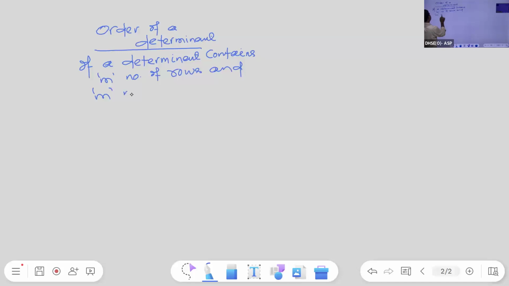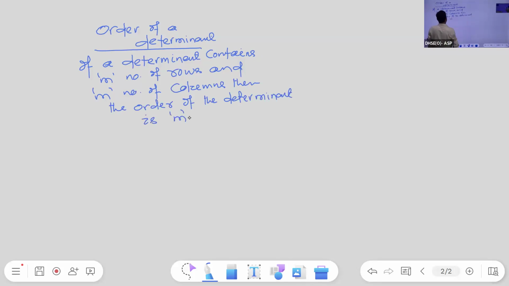In a determinant, the number of rows is equal to the number of columns. Write down: if a determinant contains m number of rows and m number of columns, then the order of the determinant is m.